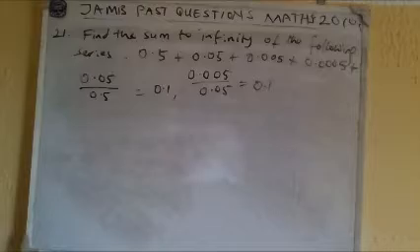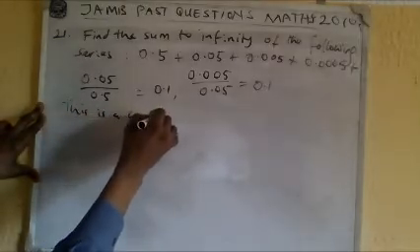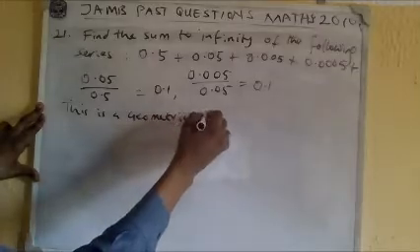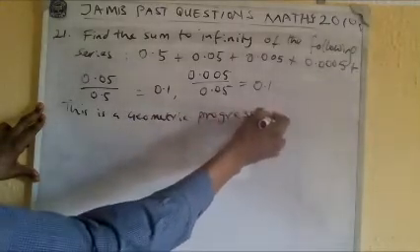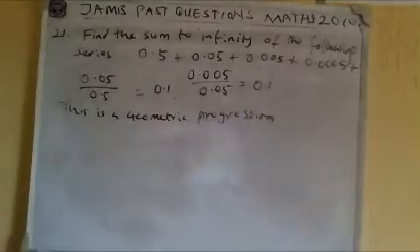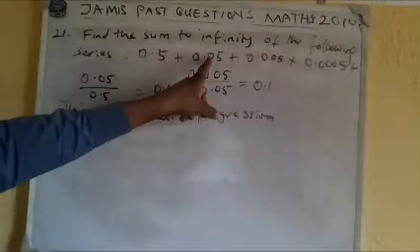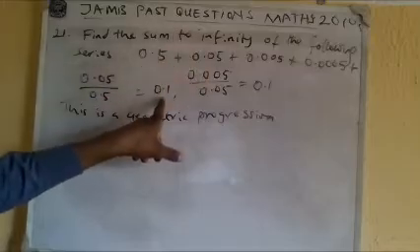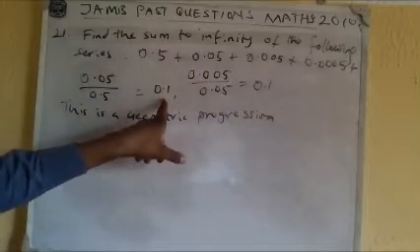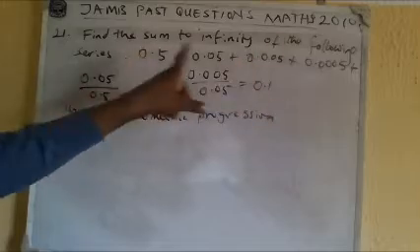There's a formula for it. This is a geometric progression. Please check out our video on geometric progressions. We said that if you have a series where dividing a term by the preceding term gives you a constant number, that series is geometric.